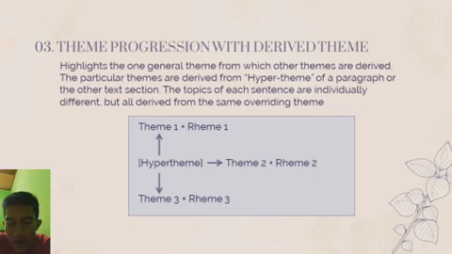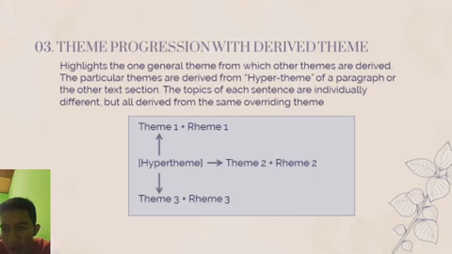You can see the pattern for this. Theme 1 plus rheme 1, and below the hypertheme, with the result theme 2 plus rheme 2 and theme 3 plus rheme 3.